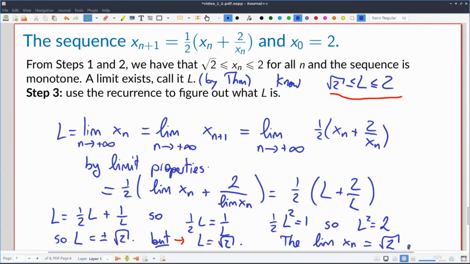And that was the result now of our 3-step method here. So that's an example of using the bounded monotonic sequence theorem in order to figure out limits in combination with studying things in the situation of a recurrence.